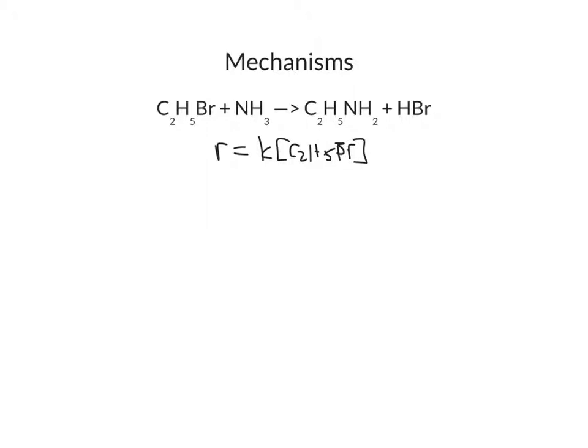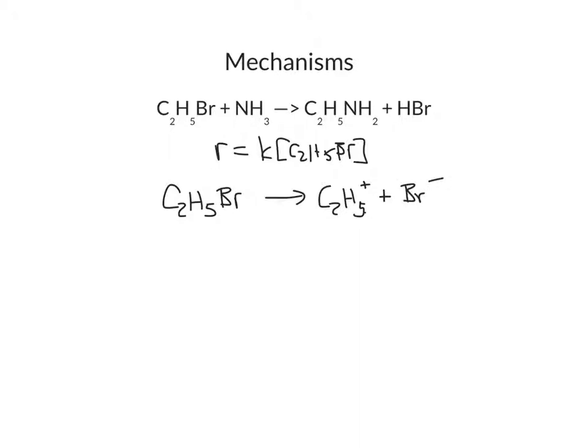An explanation for this is that the reaction actually occurs in more than one step. So there are two elementary steps. The first one is reliant only on the C2H5Br, and it falls apart to form a cation and a bromide anion.